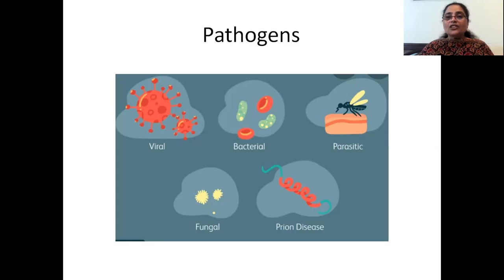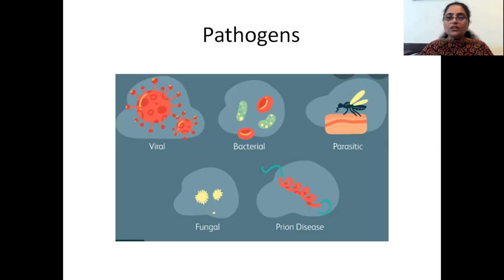Then fungus, there are different kinds of fungi which can cause different kinds of infections. Fungi are more bothersome, they do not cause very dangerous infections. In rare cases fungi can be lethal, but a lot of the time fungi cause skin diseases, skin lesions, and they are more bothersome. They cause a lot of irritation.